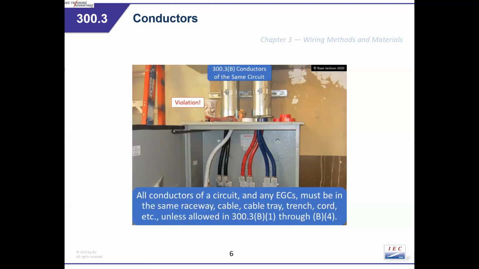It continues to say all conductors of a circuit and any equipment grounding conductor must be in the same raceway, cable tray, trench, cord, etc., unless allowed in 300.3(B)(1) through (B)(4). So the violation is they separated it to make it easier to pull. You have to have the circuit together.